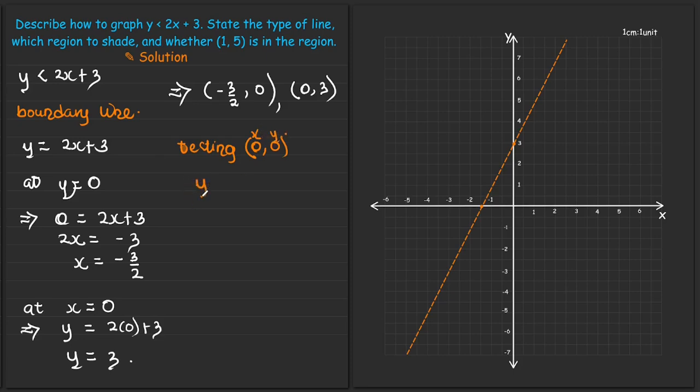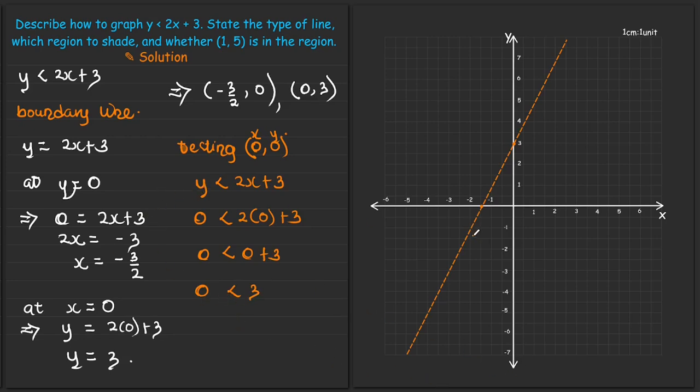So using y is less than 2x plus 3, it means we have 0 being less than 2 into bracket 0 plus 3. That is substituting our x and y. We have 0 less than 0 plus 3, so 0 is less than 3. Is this true? This is false.